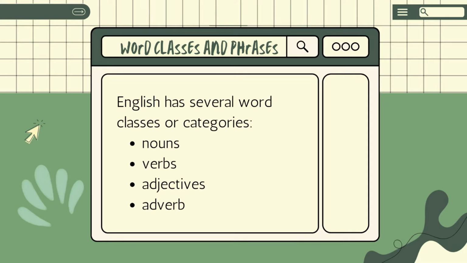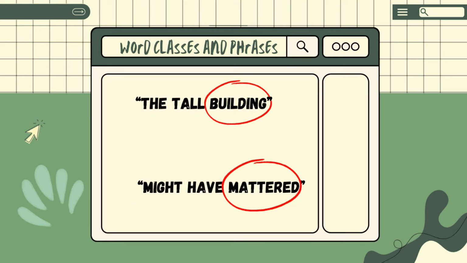These classes also form phrases, which are groups of words with a main head word that defines the phrase type. For example, in the noun phrase, the tall building, building is the head noun, and everything else modifies it.